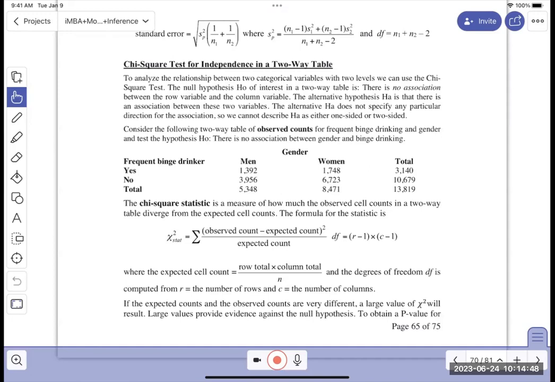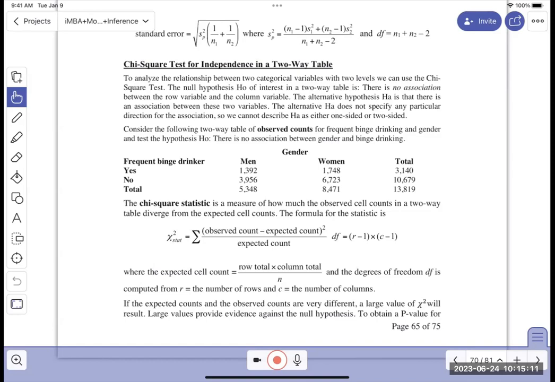So to analyze categorical variables, this is the simplest thing I'm going to show you. And I really like this test. You end up using this a lot. To analyze the relationship between two categorical variables with two levels, we can use the chi-square test. The null hypothesis of interest in a two-way table is that there is no association.